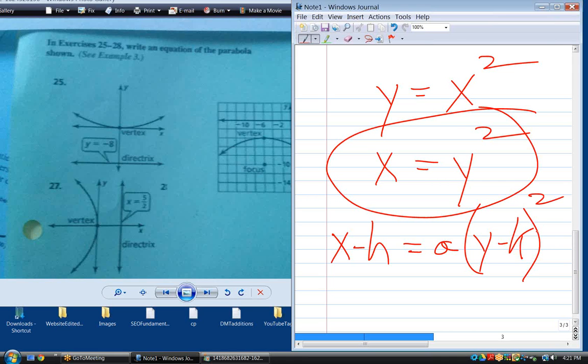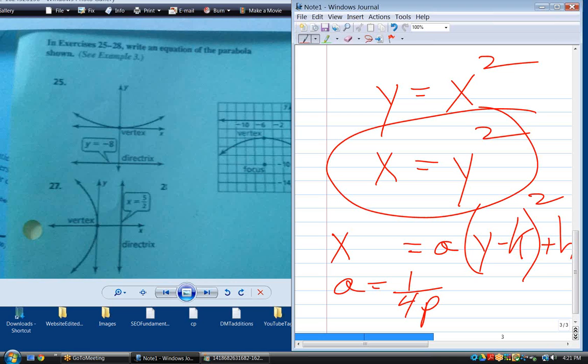I can take the h and put it over here, and take it away from that. So now I have x equals a times y minus k squared plus h. And still a is equal to 1 divided by 4p. What's h and k in this parabola? 0, 0 again.